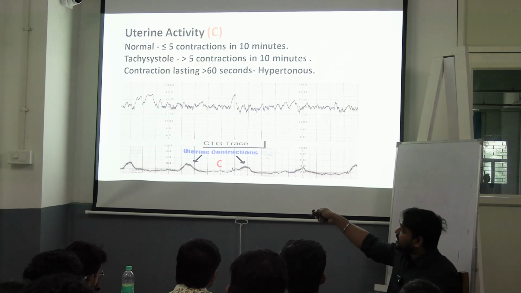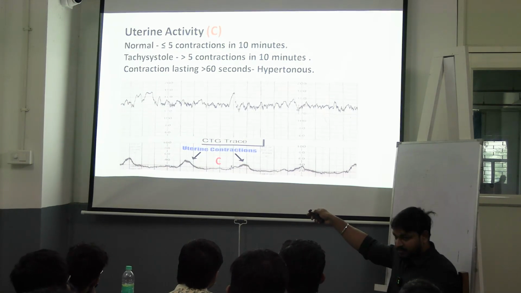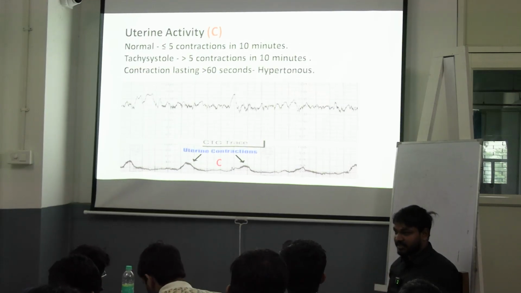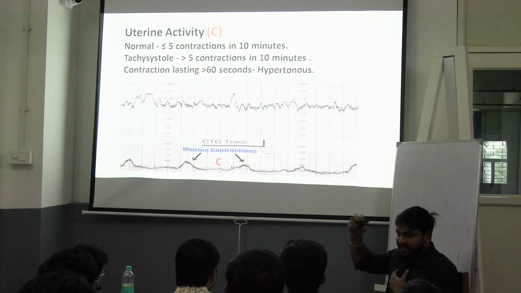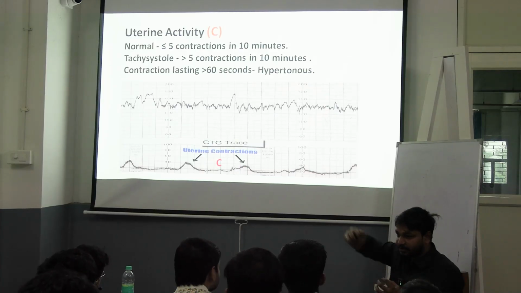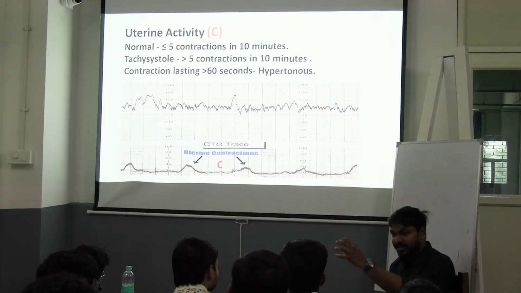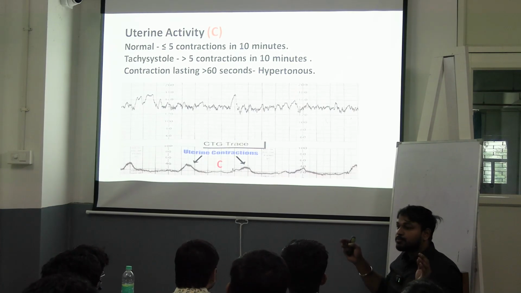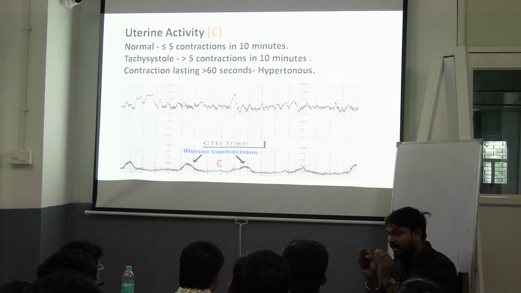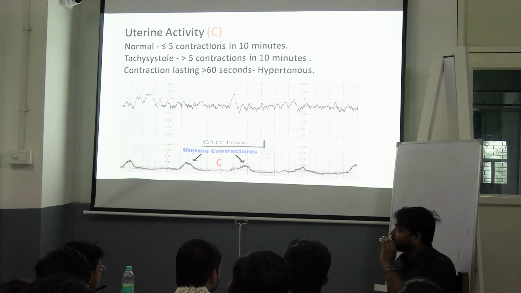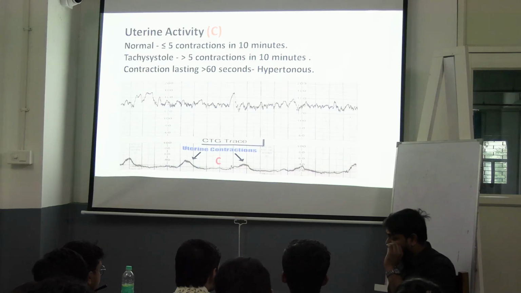And every time the heart rate drops, this trough, is because of the parasympathetic activity. So both should function together. Sympathetic activity tries to increase the heart rate, parasympathetic tries to decrease the heart rate. So both should be synchronous to make the fetal heart function properly.